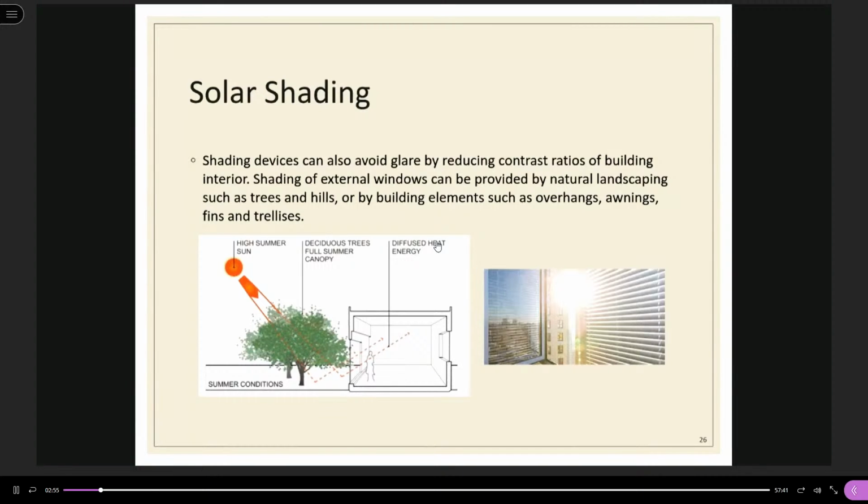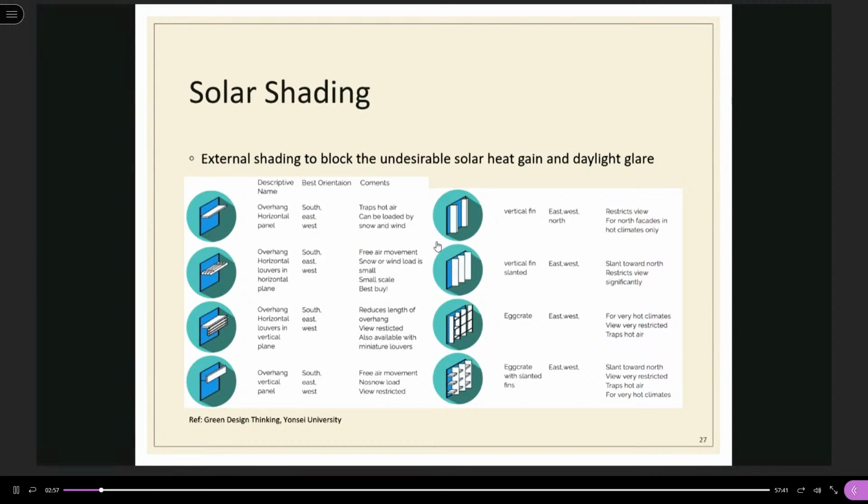Like in this picture, these are some recommended external shading for different orientations. For east and west, we may use these vertical fins, these vertical side fins, because the sunlight in the east or in the west usually comes from a lower angle, but may not be exactly east or west.